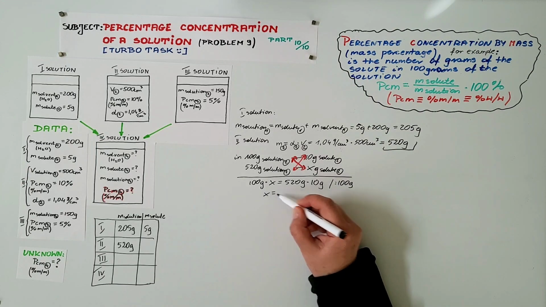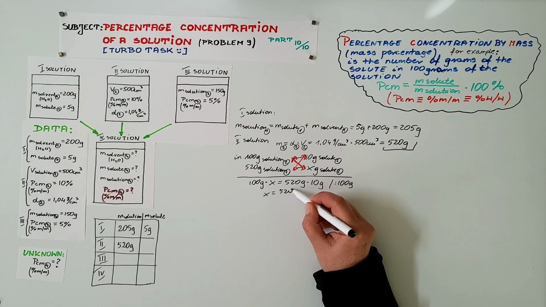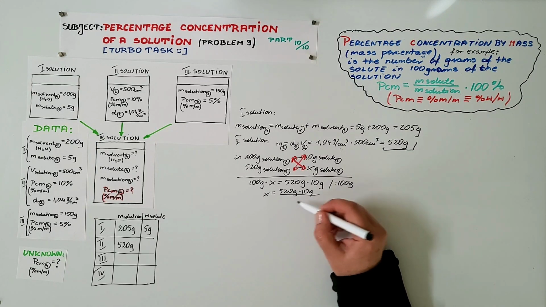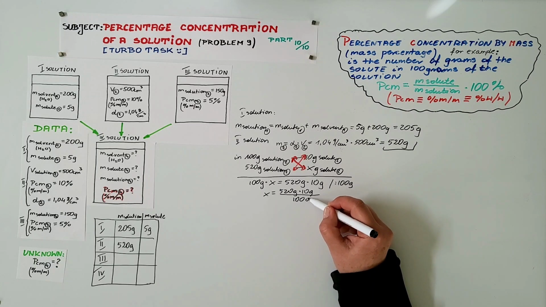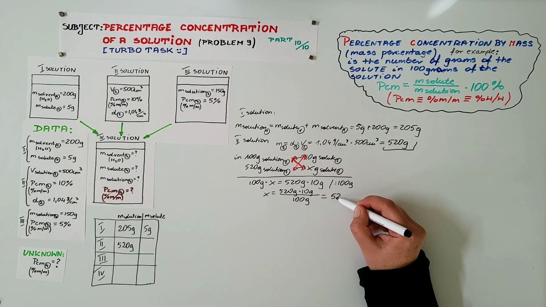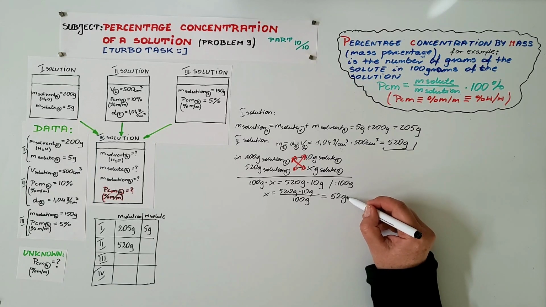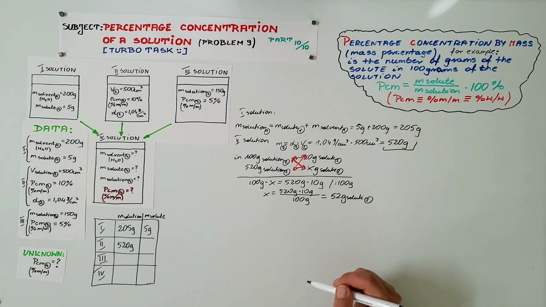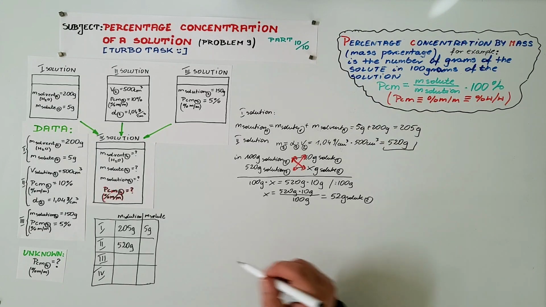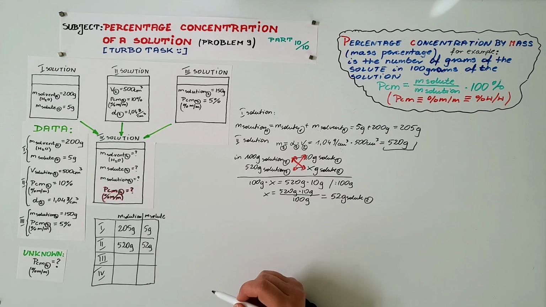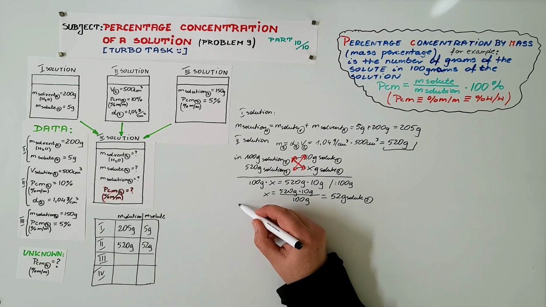So X equals 520 grams times 10 grams over 100 grams equals 52 grams of solute 2. So, of course, data for the chart, 52 grams. Now, third solution.